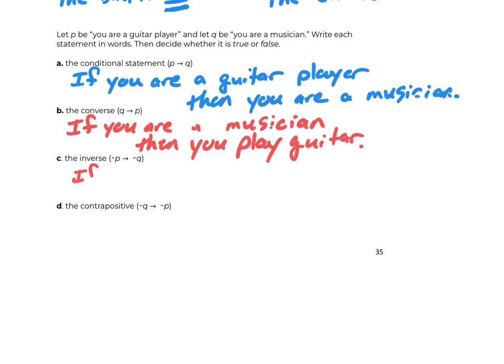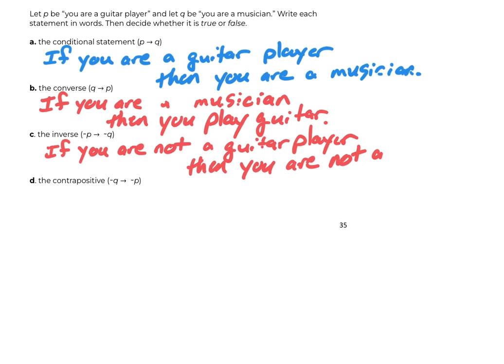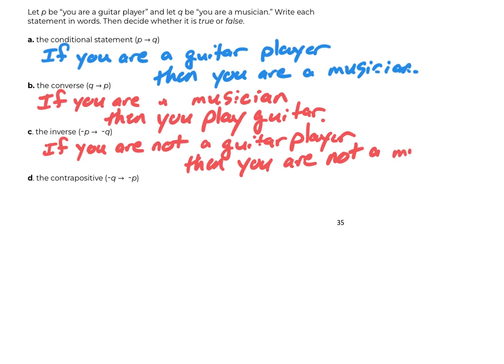If you are not a guitar player, then you are not a musician.